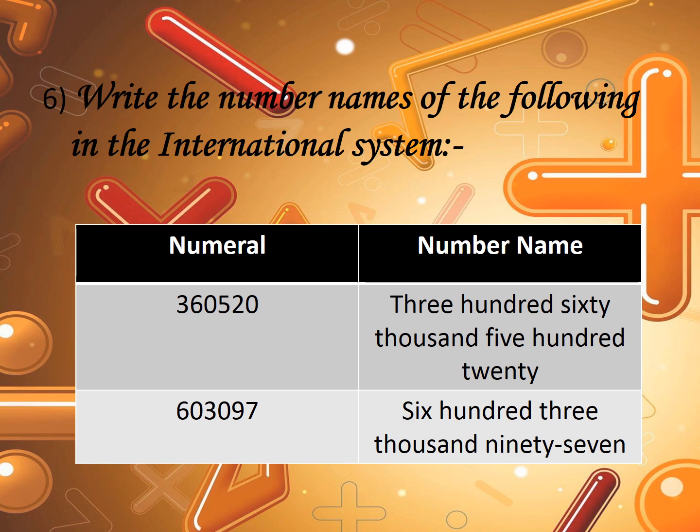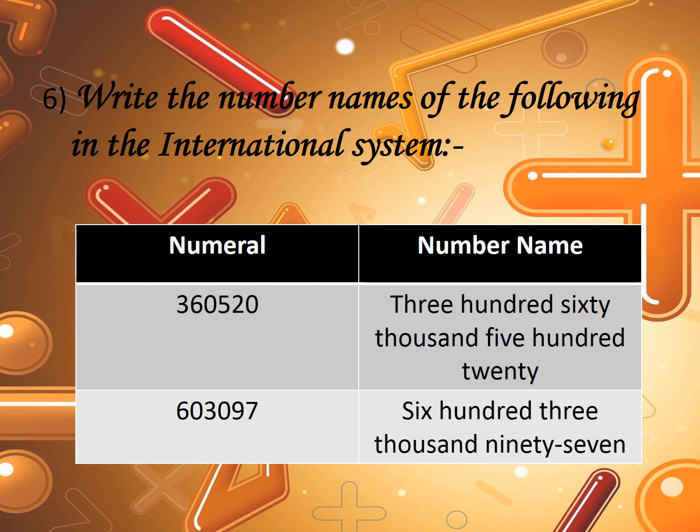Question number 6. Write the number names of the following in the international system. In the left side of the column, numerals have been given. In the right side of the column, number names have been given. The numeral is 360520.